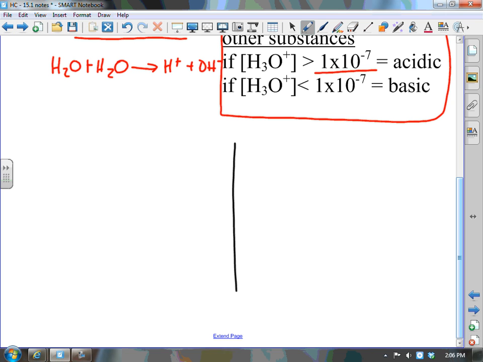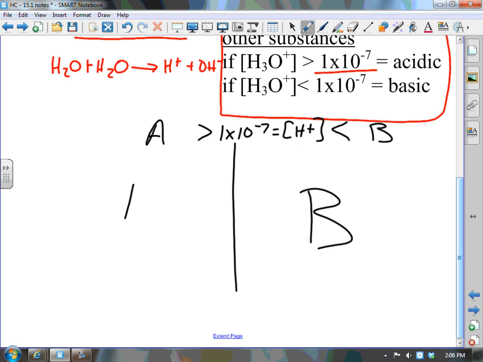So this is the line that the chemists have drawn to create the pH scale. This number here of 1 times 10 to the minus 7 is the concentration of H plus. If it's greater than that, then it's acidic. If it's less than that, it's a base. So here are the bases, here are the acids, and that's everything that's neutral, chemically neutral at a 7. If the concentration of hydroxides is greater than that, it's a base.